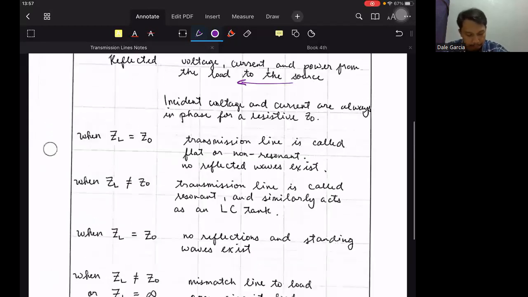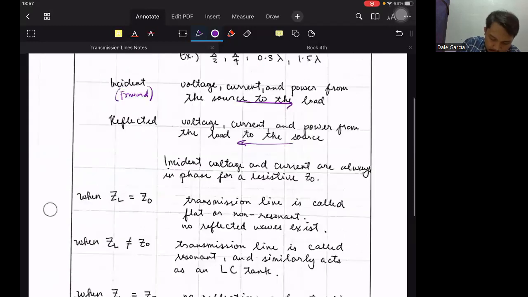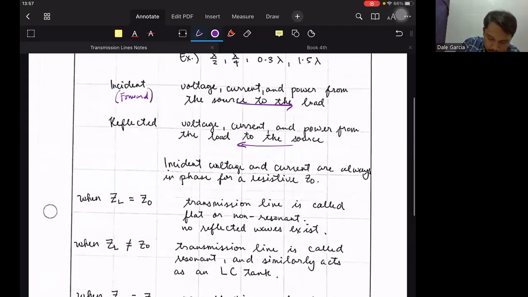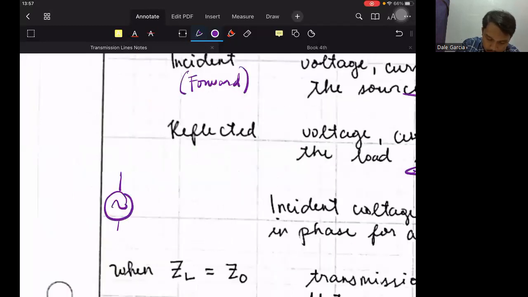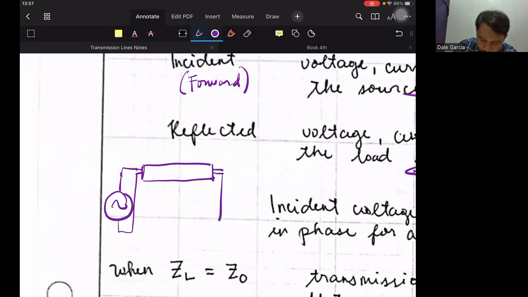So now suppose we have a source. This is the drawing from earlier. ZO and ZL.